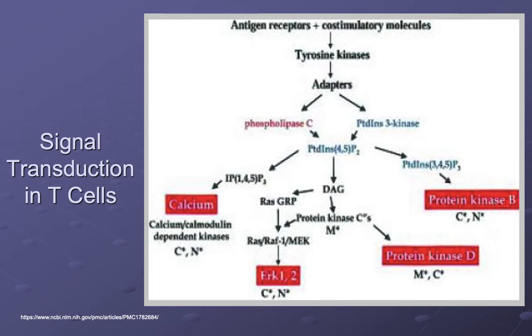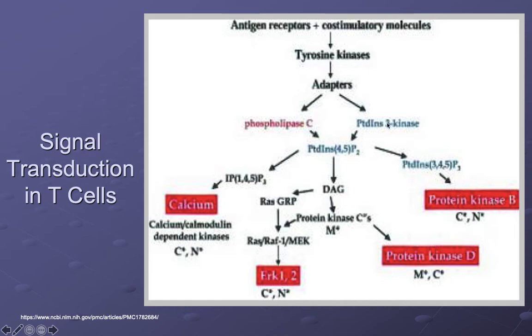These two enzymes, phospholipase C and phosphoinositide 3 kinase, act on a single substrate, which is phosphatidyl inositol bisphosphate. This one. Phospholipase C will hydrolyze this substrate to produce IP3, inositol triphosphate, and diacylglycerol.